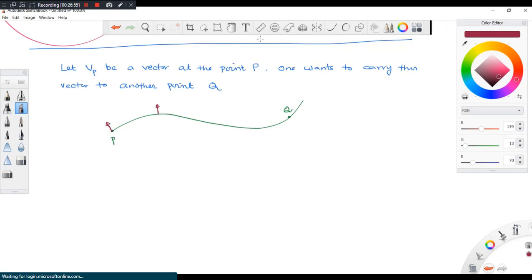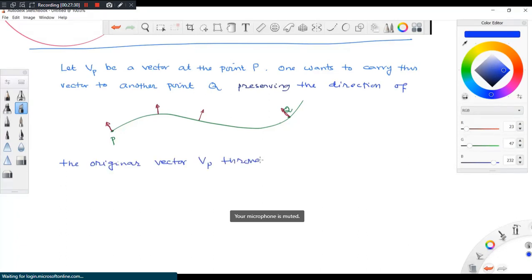At point Q, preserving the direction of the original vector VP throughout, in each infinitesimal step.